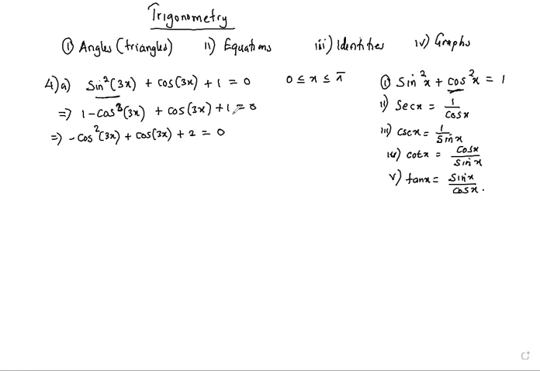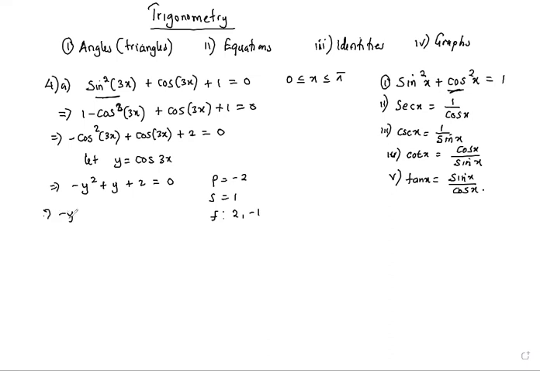So, you let y be equal to cos 3x, so that we go back there and say minus y squared plus y plus 2 is 0. Then you look for the product, which is minus 2, and the sum, which is 1. So the factors will be 2 and minus 1.